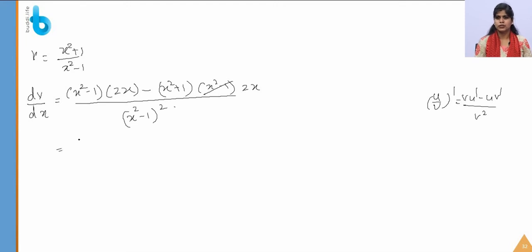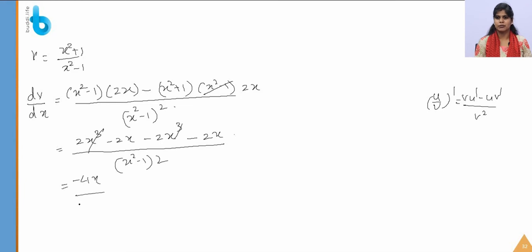Now you have 2x into x square is 2x cube minus 2x, then minus 2x cube, that is multiply 2x inside, and minus 2x. Divided by x square minus 1 the whole square, both get cancelled, so minus 4x divided by x square minus 1 the whole square, and this is your dv by dx.